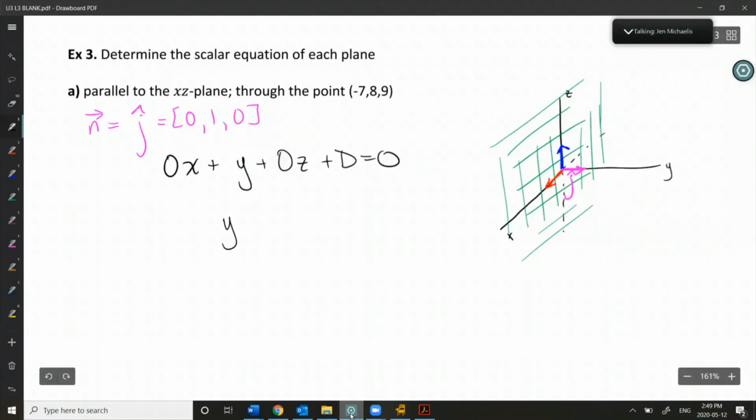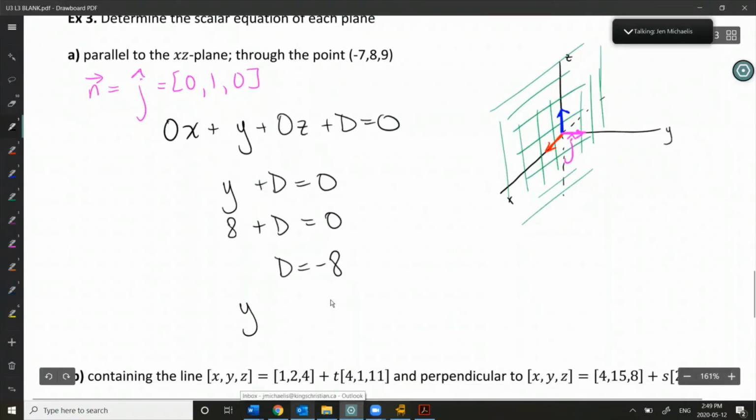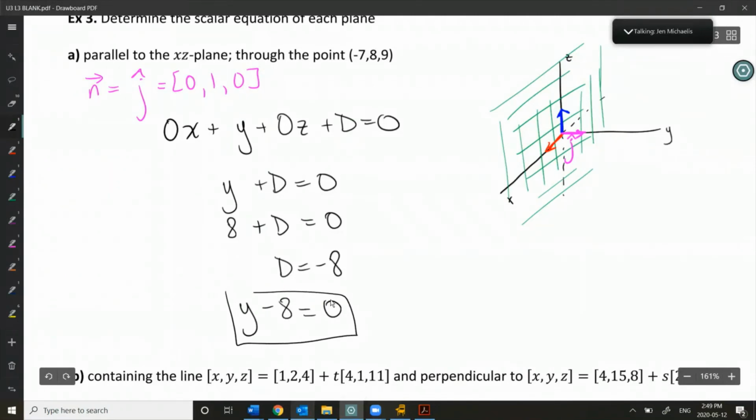Really what we have here is y plus d equals 0. z and x get canceled out because they have coefficients of 0. When we plug in our point, we get 8 for y, and that makes d -8. Plugging this back into our original equation, we just have y minus 8 equals 0.